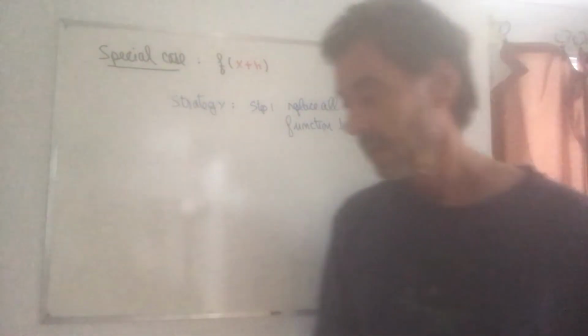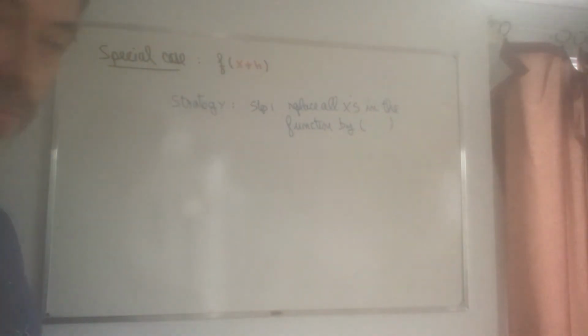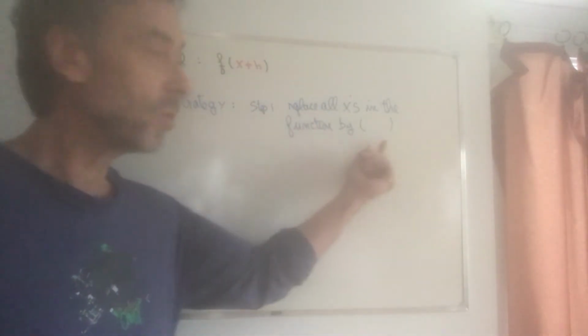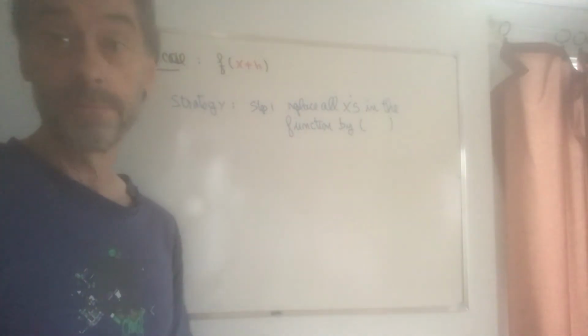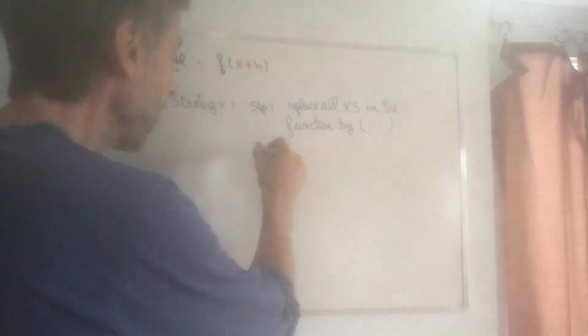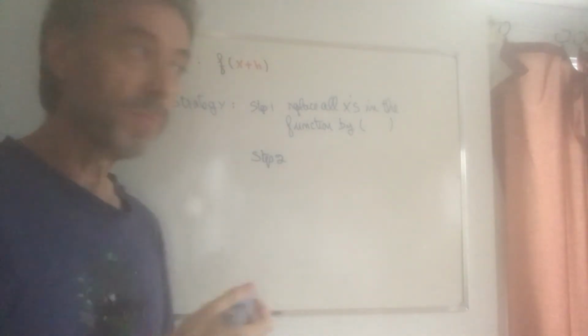What does that mean? It means that you look at the function you're given. Every time you see an x, you erase the x and you replace it with an open bracket. Okay, simple enough. And we complete this procedure with step two.